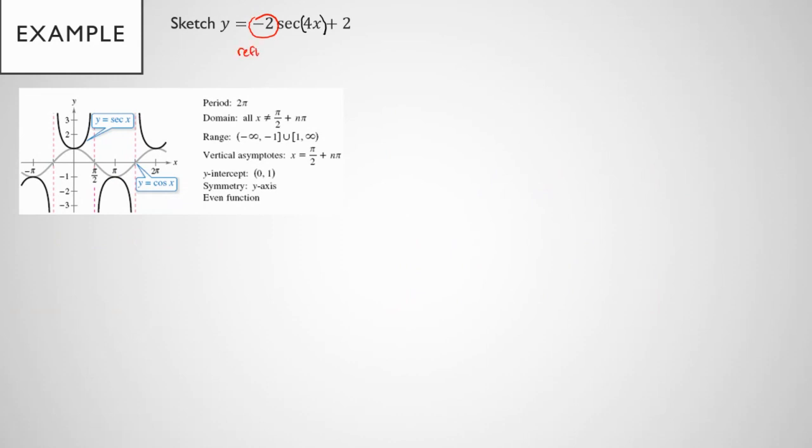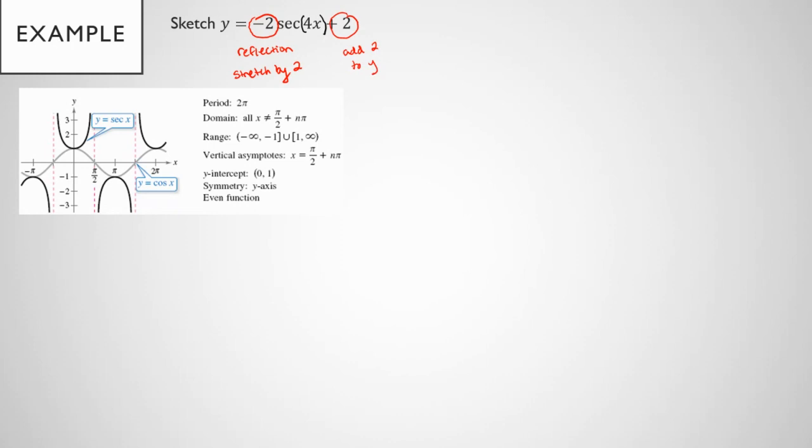So we're going to have a reflection, and we're going to be stretching by 2. The key points, like where a y value of 1 is, are now going to be multiplied by -2. Then we have this +2, and that is going to be adding to y.